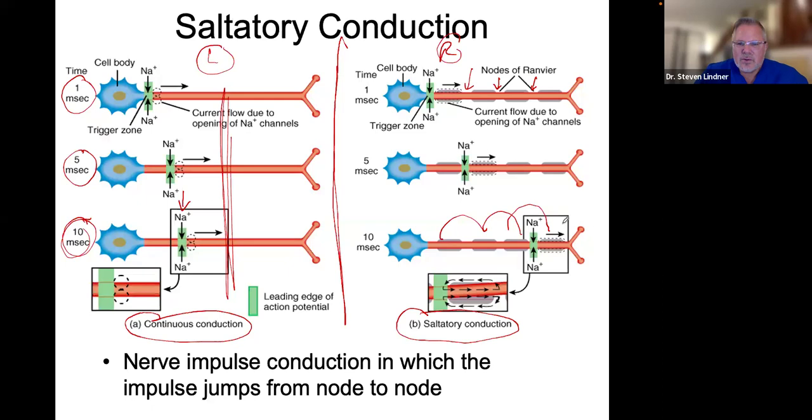So this one, the saltatory conduction, is the nerve impulse conduction in which the impulses jump from node to node. Saltatory conduction is much, much faster than continuous conduction. And we know that because we know that myelinated neurons tend to fire faster.